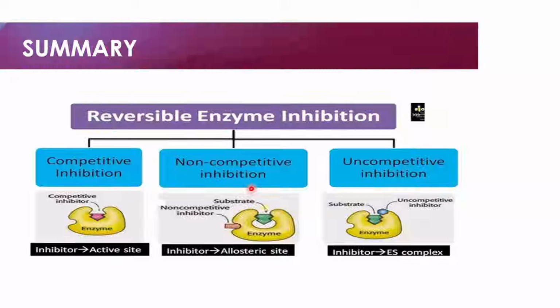In the non-competitive inhibition, the inhibitor binds to the allosteric site of the enzyme. And in uncompetitive inhibition, the inhibitor binds to the enzyme substrate complex, as seen in this diagram or in this illustration.